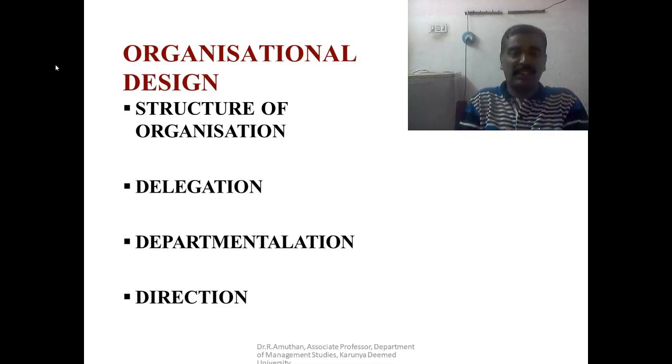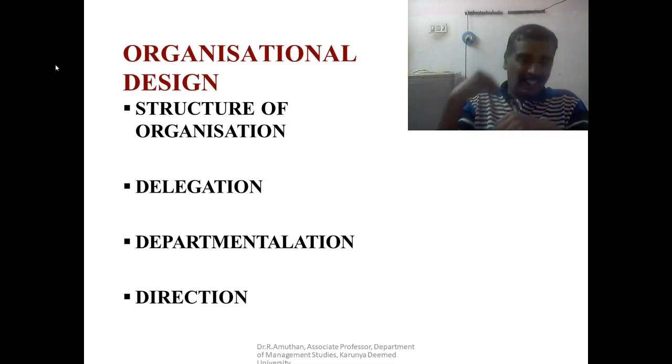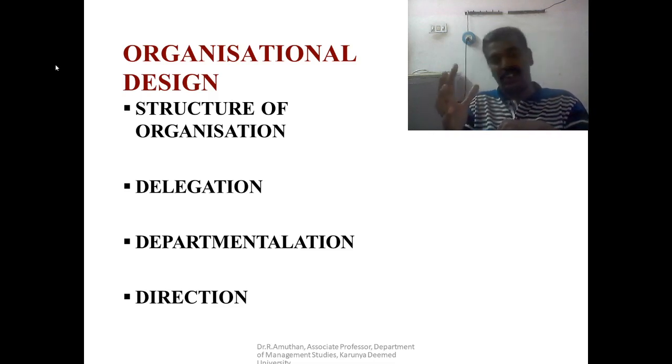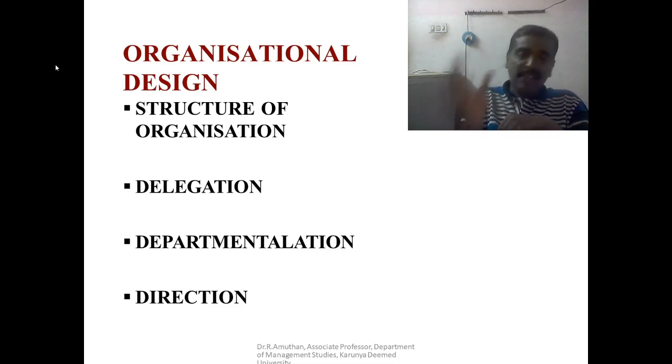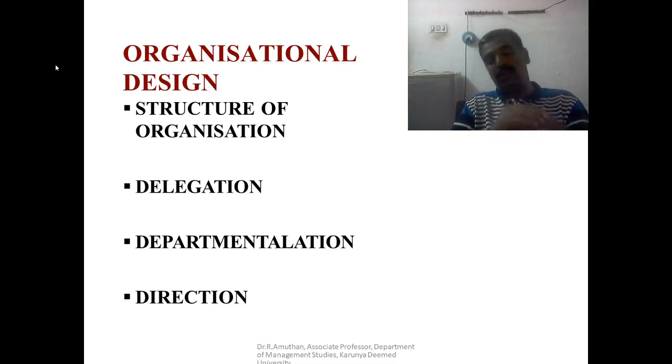Your vision has to be achieved. To achieve the vision, you give instructions to your subordinates, the people who are working under you, and ask them to work toward achieving the vision. So direction is nothing but giving instruction to the subordinates for achieving the vision.